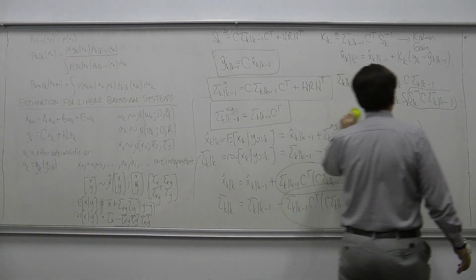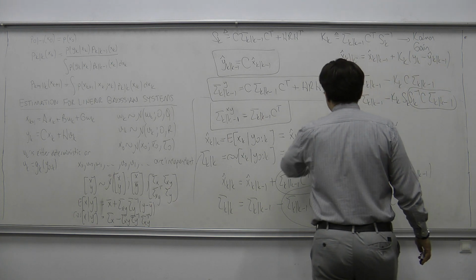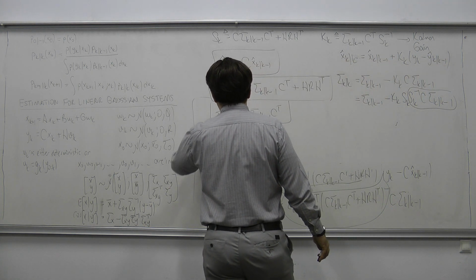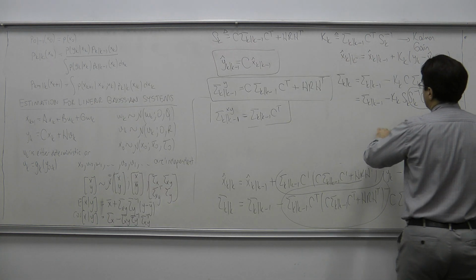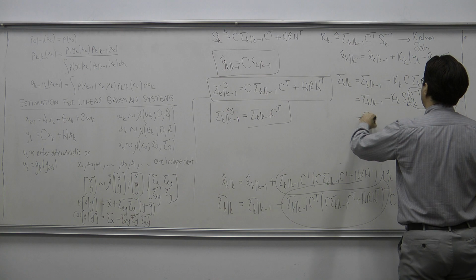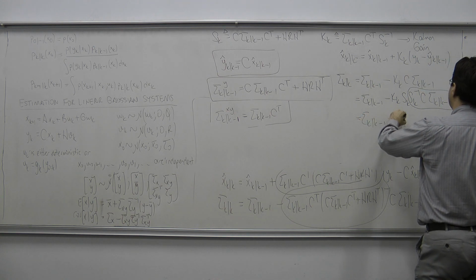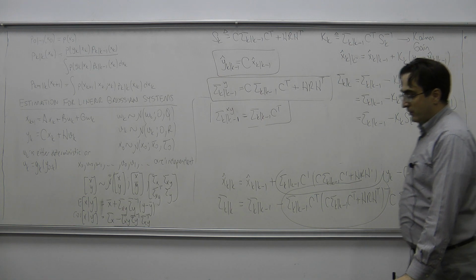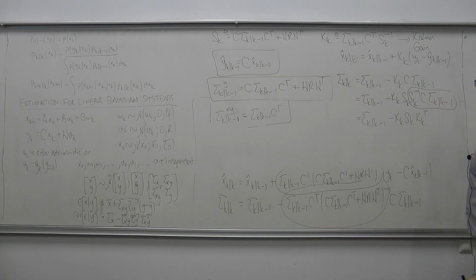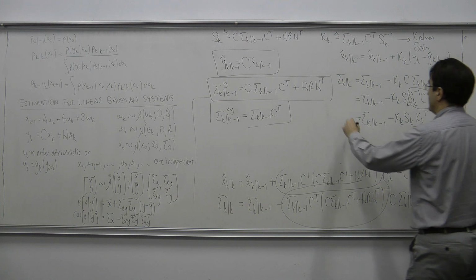So I can modify my covariance update formula as follows. This is equal to sigma k given k minus 1 minus K k S k K k transpose. Now this really looks like a symmetric matrix, which is nice for us.